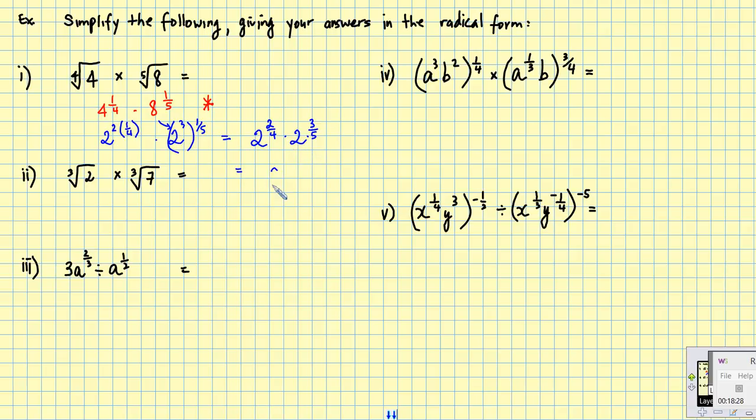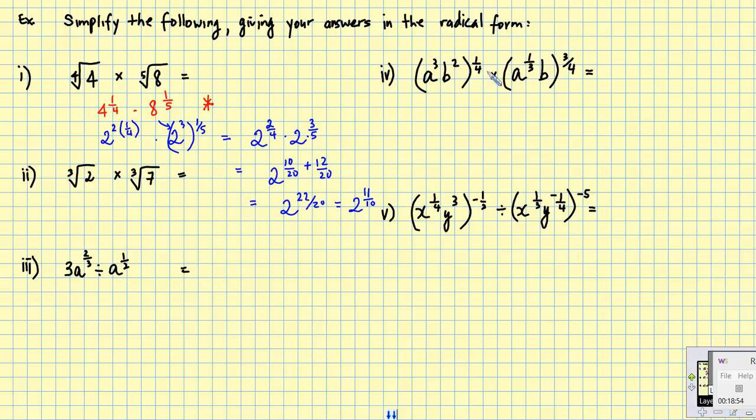So it'll become 2 to the, getting a common denominator of 20, 10 over 20 plus 12 over 20. So my final answer would go to 2 to the 22 over 20. That would be my solution there. Now I can reduce that down to 2 to the 11 over 10, and that would be my solution there.